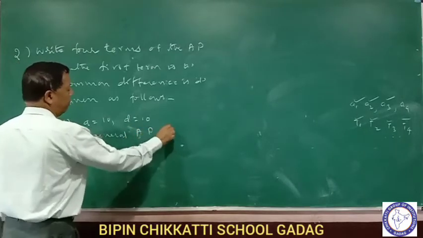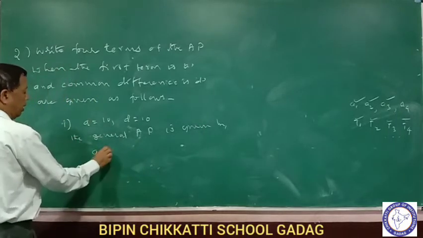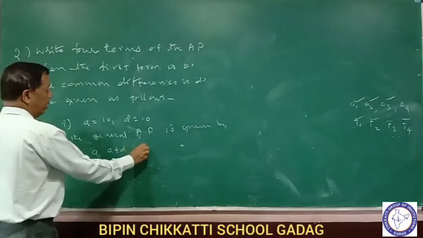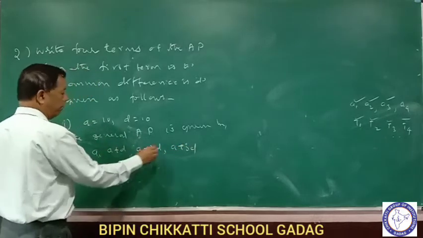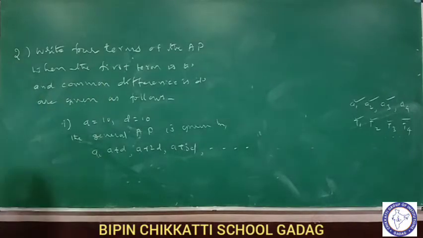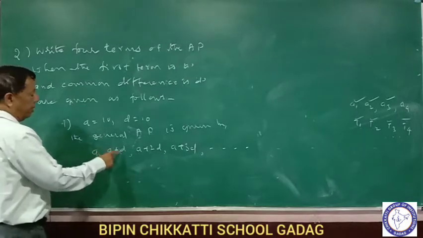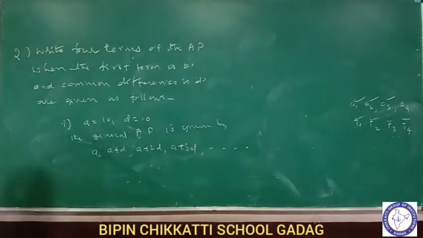So the general AP is given by A plus D, A plus 2D, A plus 3D. See, 1, 2, 3, 4, only 4 terms we require. Instead of writing A1, A2, we can write like this, because the question asks only for the first 4 terms.